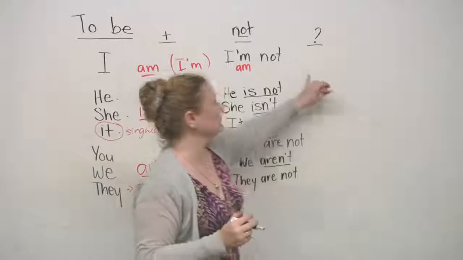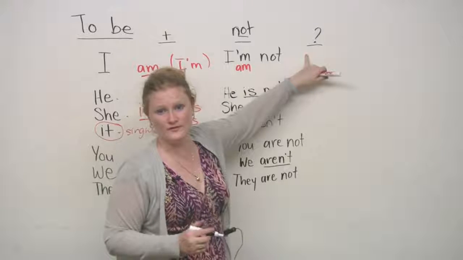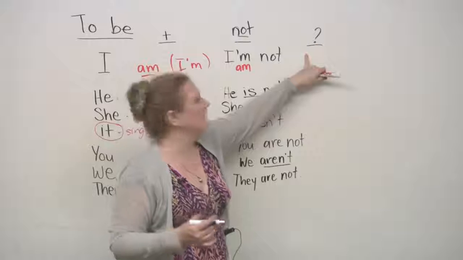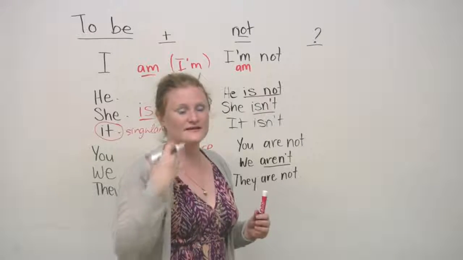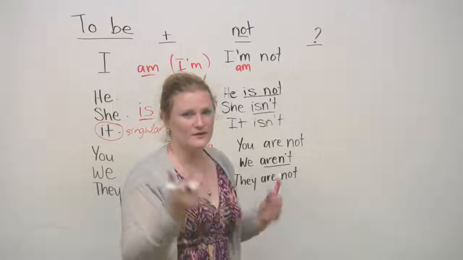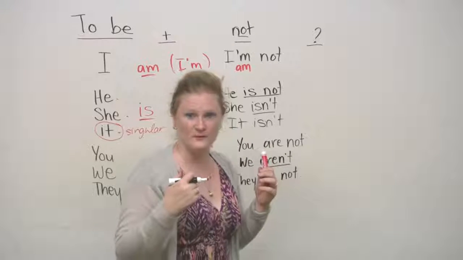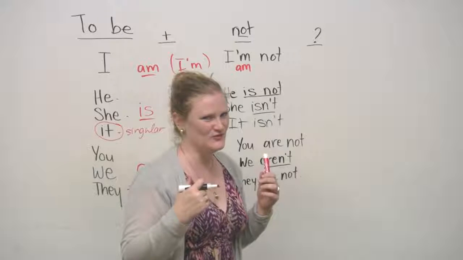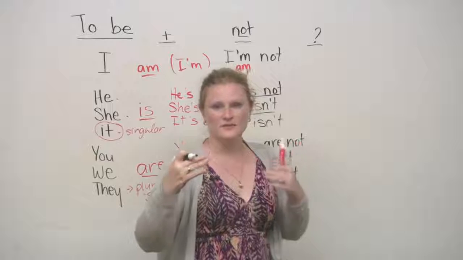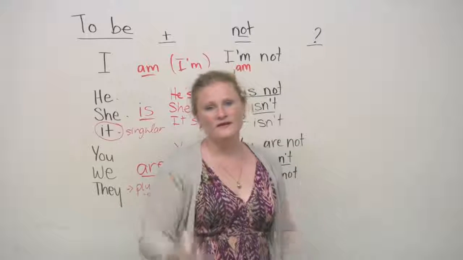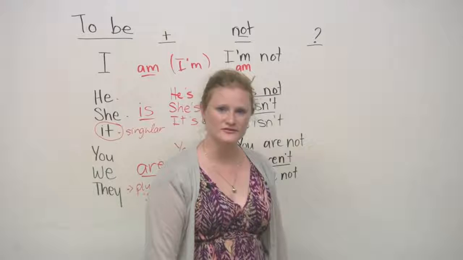The last thing that you're going to want to learn are the question forms of the to be verb. The first one we don't really use a lot in speaking, but we do use it when we talk to ourselves. Yes, you do. Or, as I like to say, your inner voice. A lot of people ask me, Ronnie, when will I ever become bilingual in English?